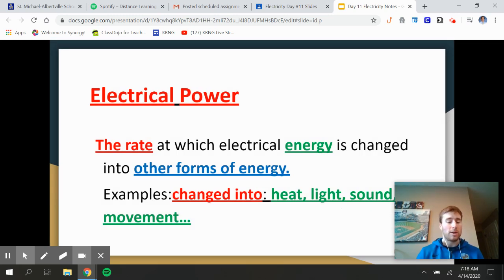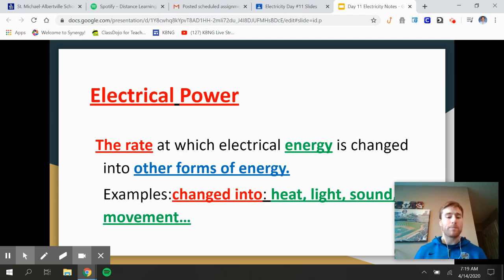So power, when we talk about it in the electrical sense, is how much electrical energy is changed into other forms. So if you think about your toaster, it takes electricity and changes it into heat, and that's what toasts your bread. Or if you have a blender, your electricity is pushing that motor that spins the blades that chops up whatever you're making.